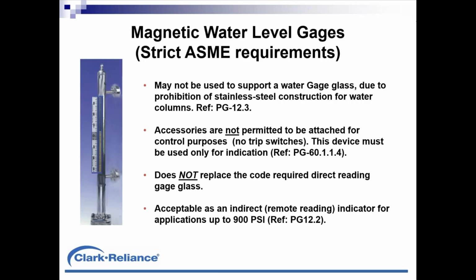Also, ASME has a design limit for these devices of 900 PSI, or about 60 bar. Part of the reason for that limit is changes in density with the specific gravity of boiler water over a broad range.